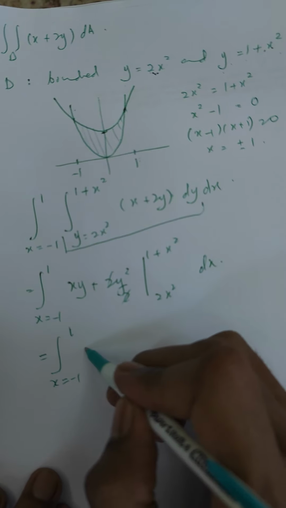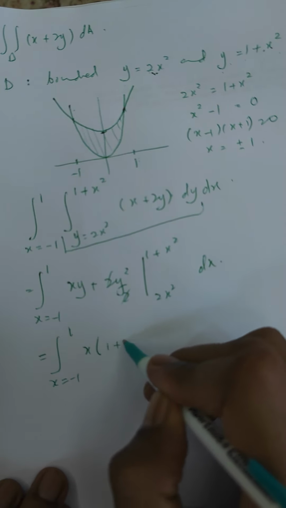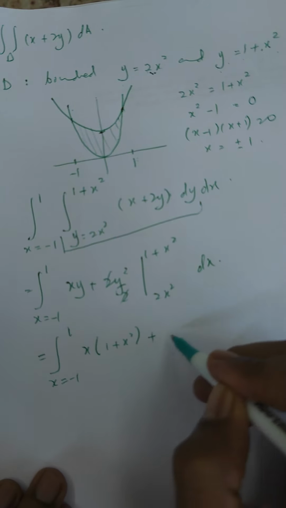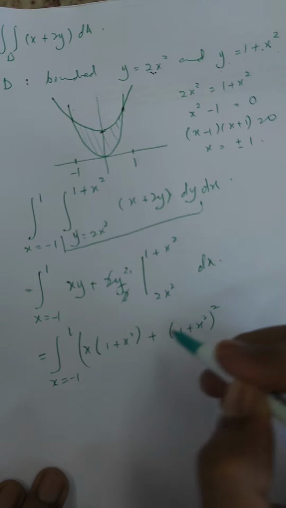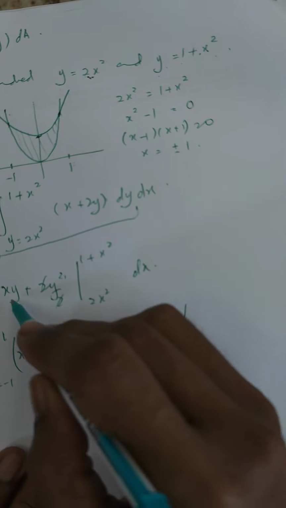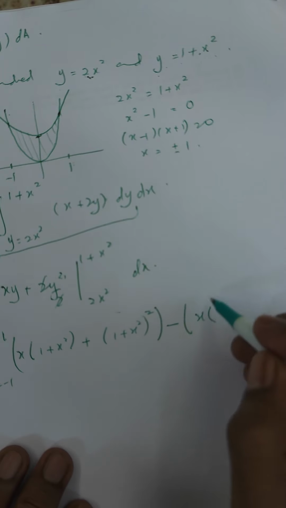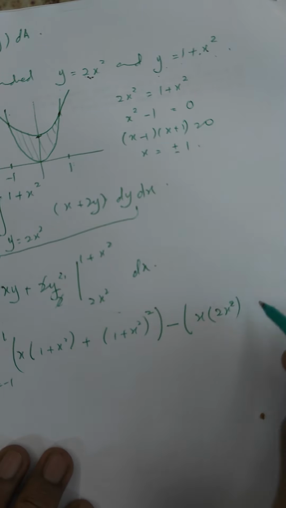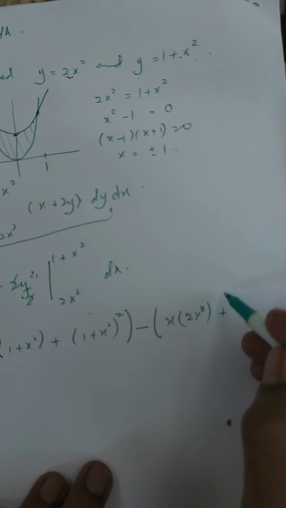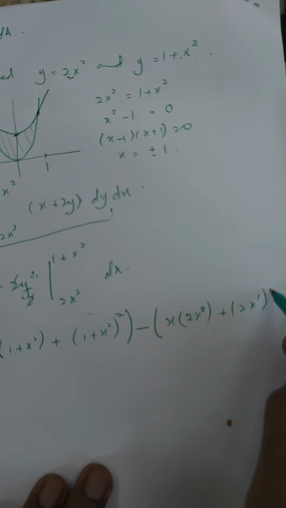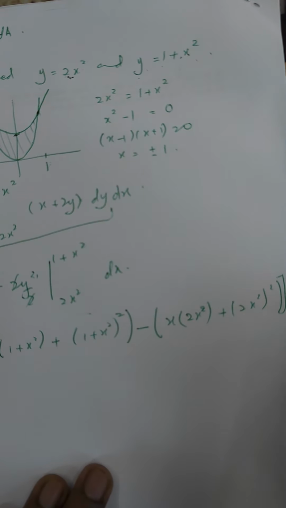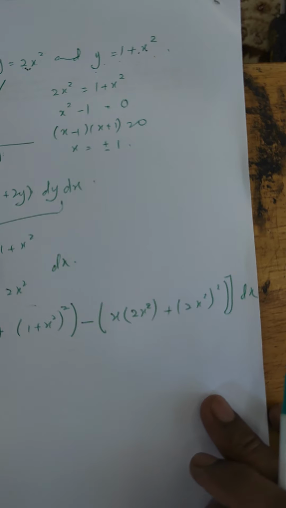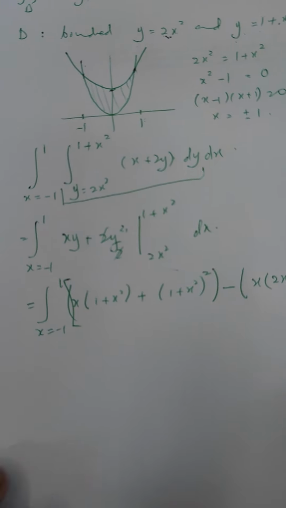Substituting y, we have x times 1 plus x squared, plus 1 plus x squared, squared, minus x times 2x squared, then substitute in there, minus 2x squared, squared, and integrate all this dx.